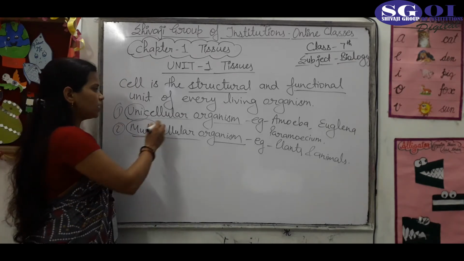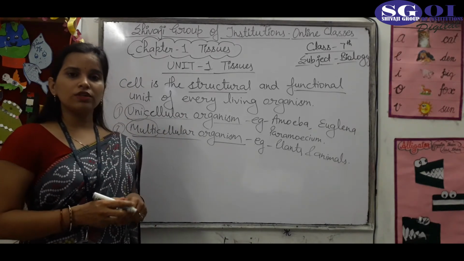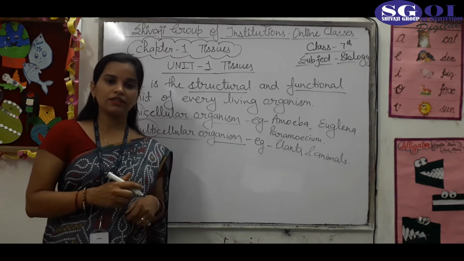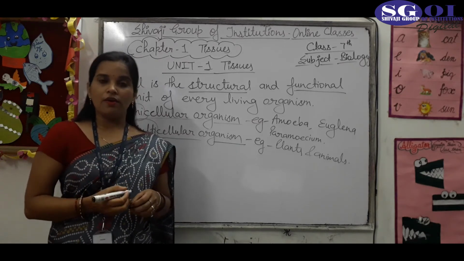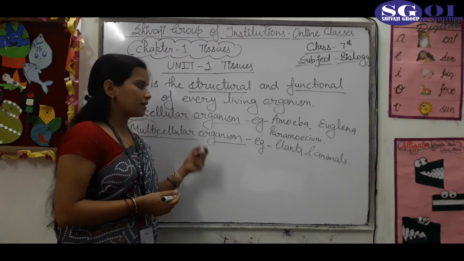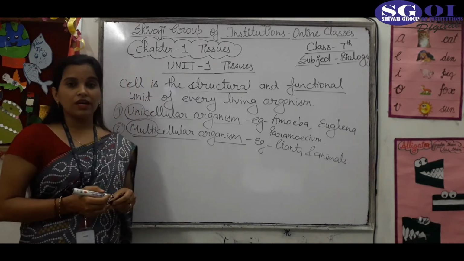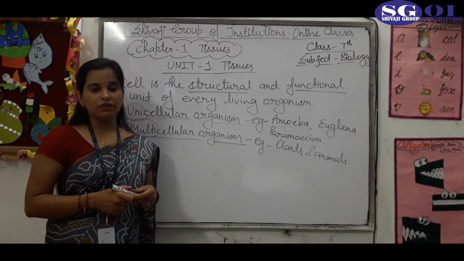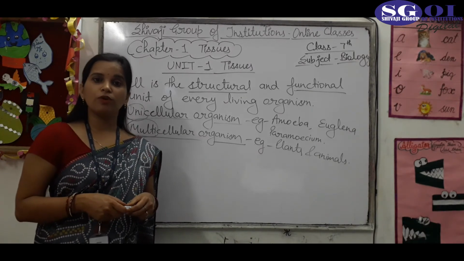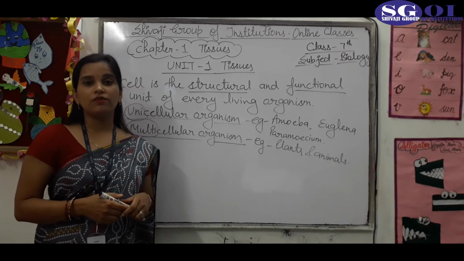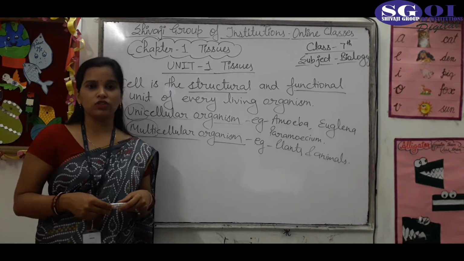So in a unicellular organism, all the functions take place inside this single cell. All the functions are carried out by this single cell. But in a multicellular organism, there are many cells. So different types of cells perform different functions. Means every cell has a specific function.